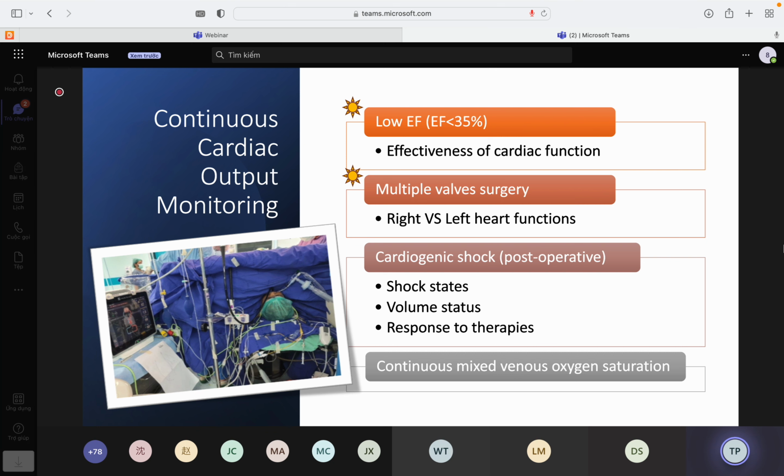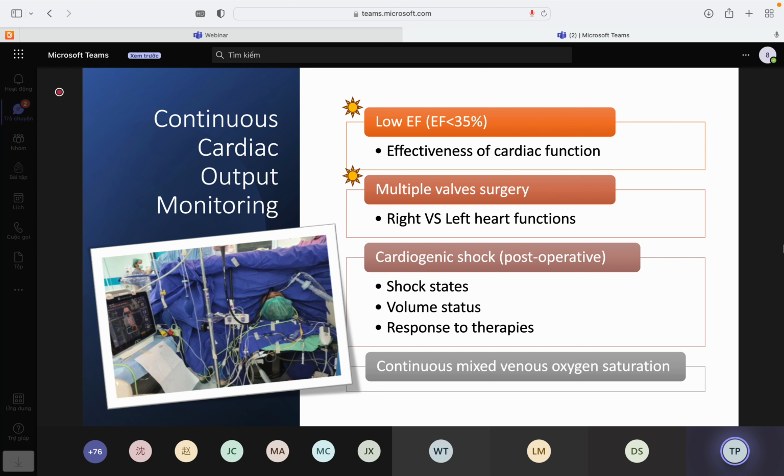This monitoring helps differentiate the functions between the right and left-sided heart. We can calculate systemic vascular resistance and pulmonary vascular resistance based on parameters from the monitoring to guide us for appropriate management and plan for further ventricular support.